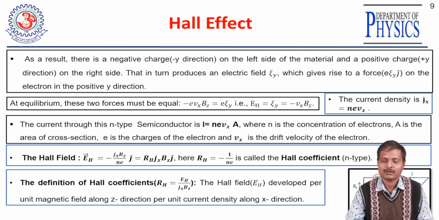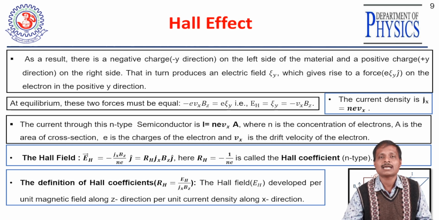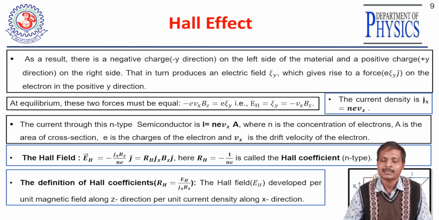Now the current density we know, Jx equals n e Vx. Here I have applied the current along the x direction, so the current will flow in the x direction. As I said, the electrons will flow in the negative x direction. So the current density along this direction is Jx equals n e Vx.